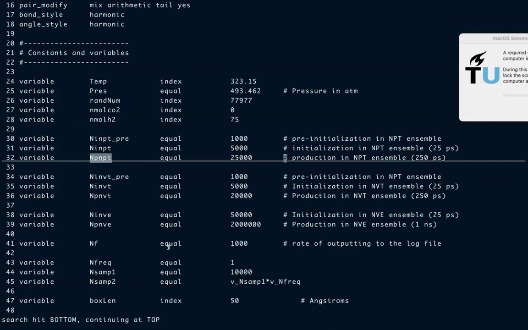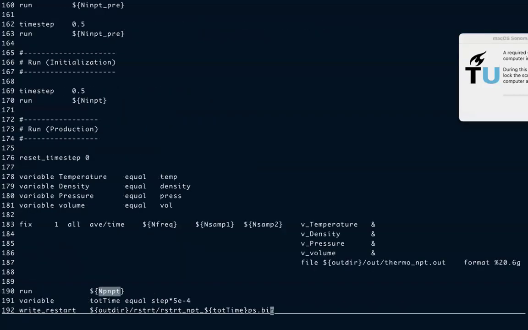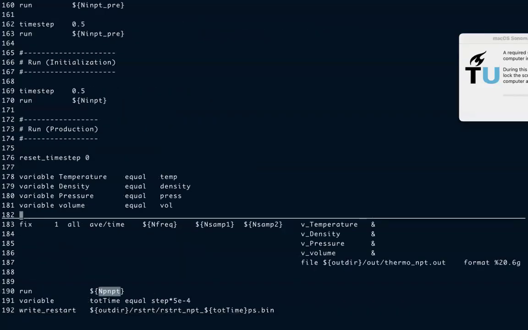Since each time step is around 0.5 femtoseconds, this should be roughly 12.5 picoseconds. So this is a very small number. I'm running these simulations just to show that it all works.